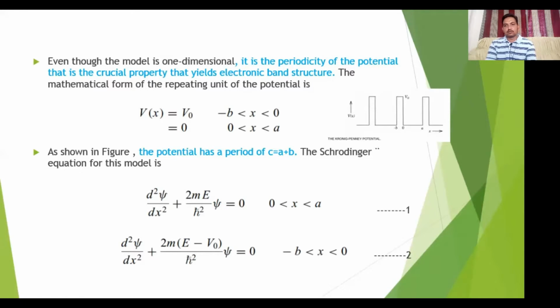So these are the two different equations for two different regions. V is 0 from 0 to a, and V is V0 in the region between minus b and 0. So we have two different Schrödinger wave equations to solve this problem.